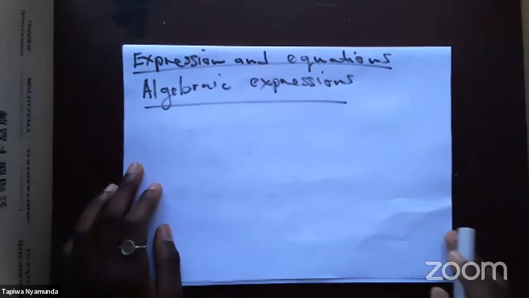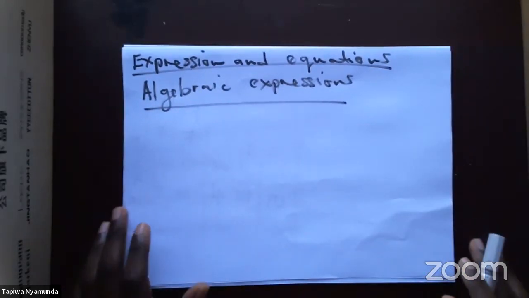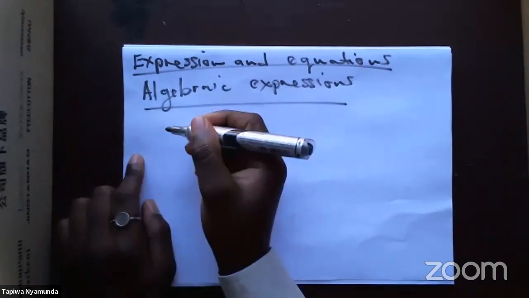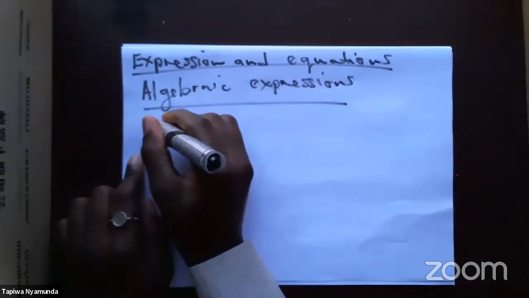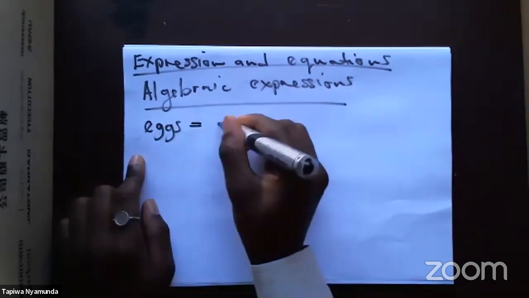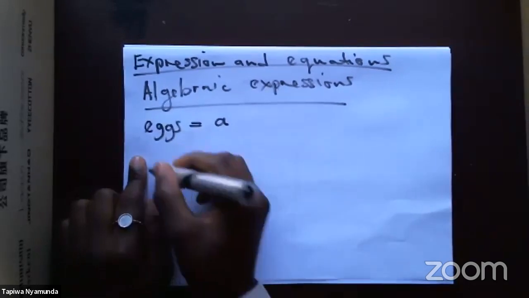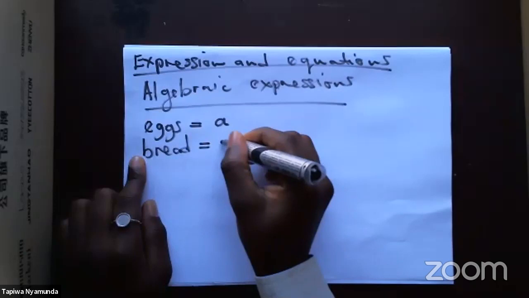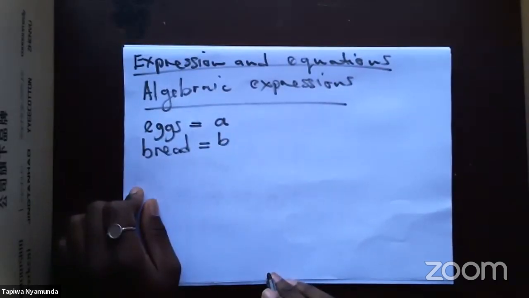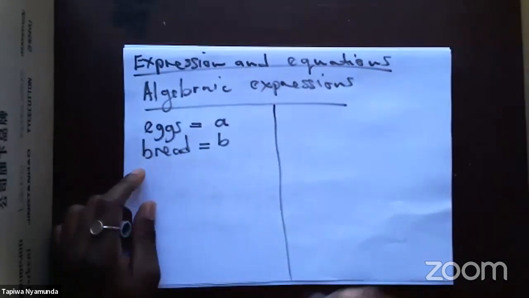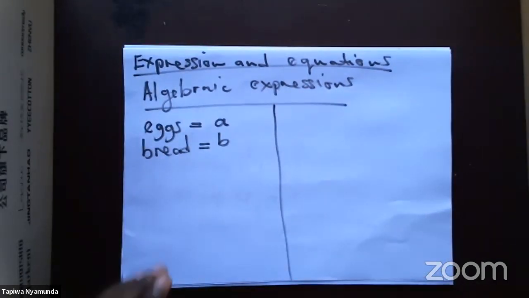How is this helpful? Let's take, for example, you have a tuck shop. You represent the price of eggs with the letter A, and the price of bread with the letter B. Then at the end of the day, you know these prices.